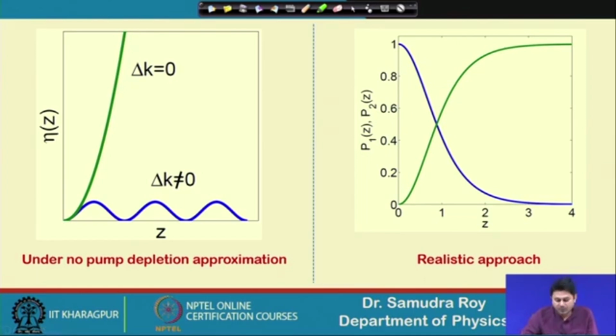So, this approach suggests that the total energy remains conserved, but in the old approach this condition was not considered, because we considered no pump depletion, that means the energy of the fundamental wave is not changing, but here we consider that both are changing. So, that is why we get a more realistic picture, and that is the correct one.